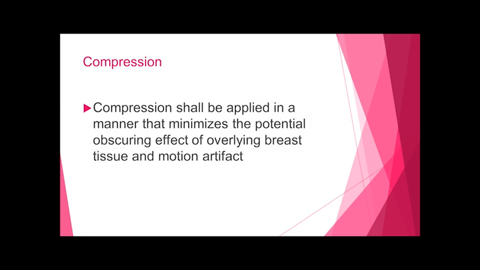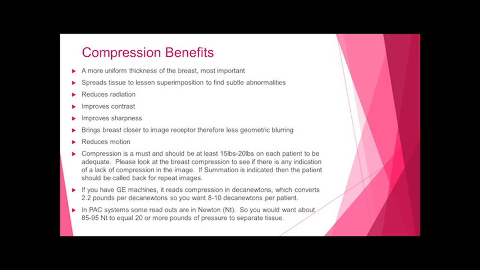So let's talk a little bit more in detail about compression and how very important it is. Compression shall be applied in a manner that minimizes the potential obscuring effect of overlying breast tissue and motion artifact. So these are the benefits of compression in each breast modality with mammography. The number one benefit of compression is a more uniform thickness of the breast because your contrast is going to be better.